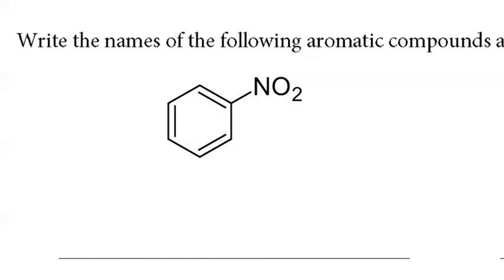What does a methyl look like? Excellent, thank you guys, a CH3. So if a CH3 is attached to my benzene ring, that is toluene. If I have a hydroxy group, what are the two atoms that make a hydroxy group or hydroxyl group? Excellent job, an OH. That makes my benzene be called phenol.